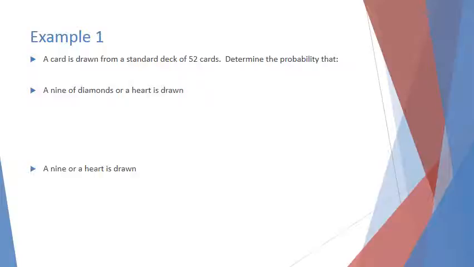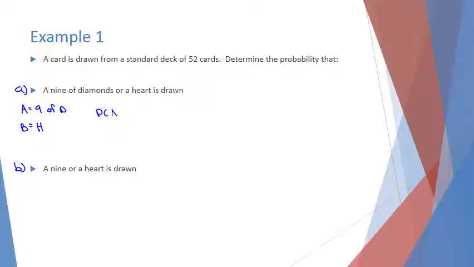Example 1. A card is drawn from a standard deck of 52 cards. Determine the probability that, and again, I'm using the same kind of slide setup, so I'm going to put my A's and B's here, a 9 of diamonds or a heart is drawn. If you really want to be proper with all this, event A would be a 9 of diamonds, event B would be this heart we're talking about.